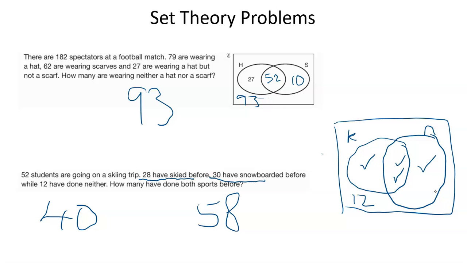And the bonus amount here, that we should have 40, we've got 58, that makes the middle bit 18. And now we know that's 18, we can use that to work out the other two sections. So if 28 have skied and we've got 18, then that's 10. And if 30 have snowboarded and we've got 18, then that's 12. And we could just do a quick check, 10, 20, 30, 40, 52, and the whole thing adds up correctly.